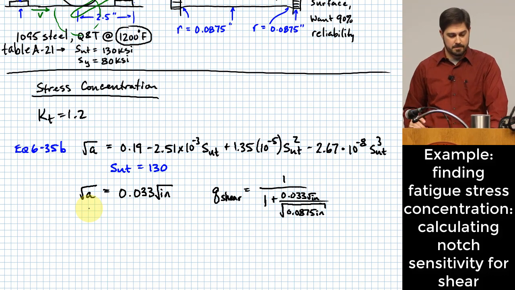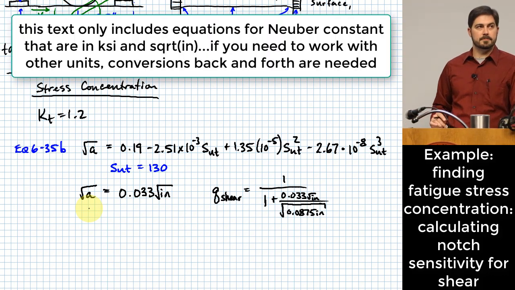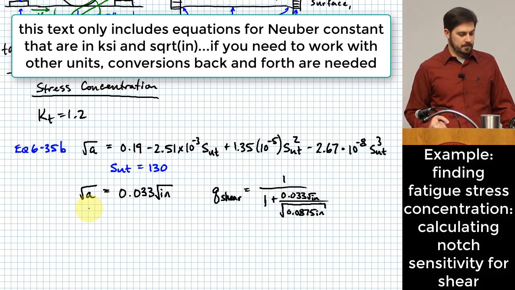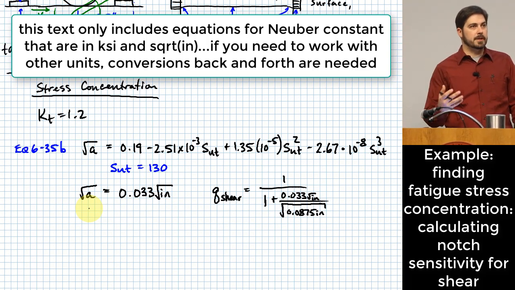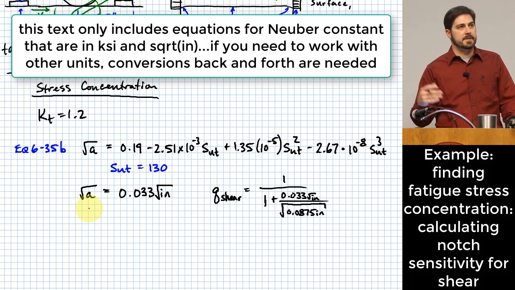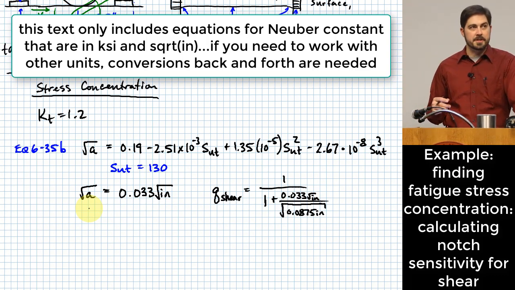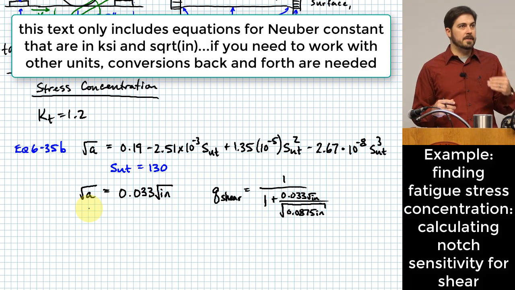Yes, sir? Because we are not given equations that work with a unit in the SI system, given only this book as your reference, what you would have to do is convert first into KSI, and then insert that number into the equation.